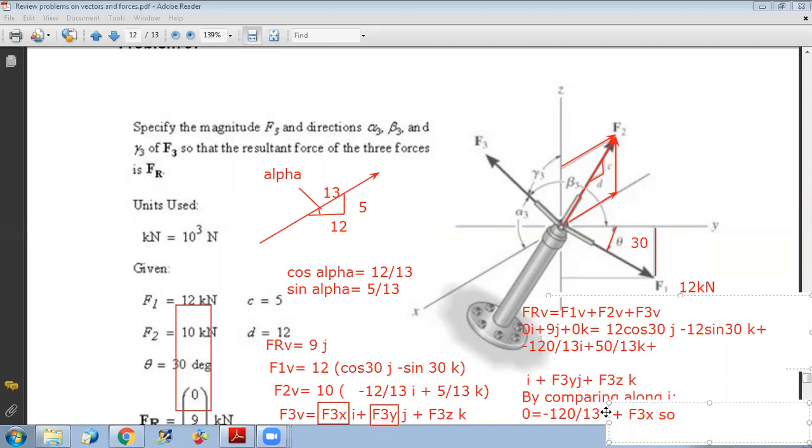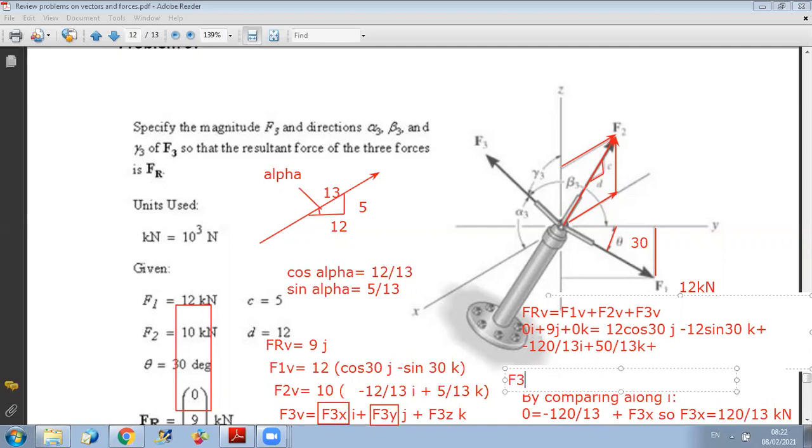From the first equation, I can deduce the value of F3x. So F3x is equal to 120 over 13, and the value is in kilonewton. I found my first unknown. Here, I will put it again, it's F3x.